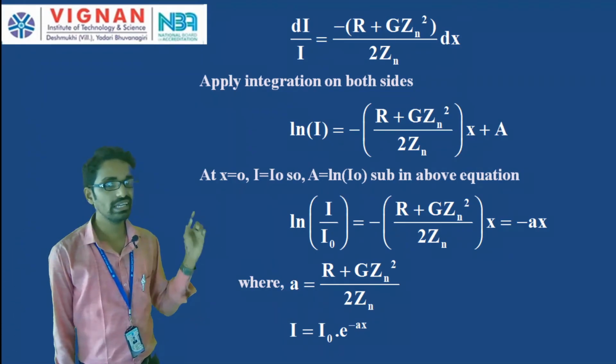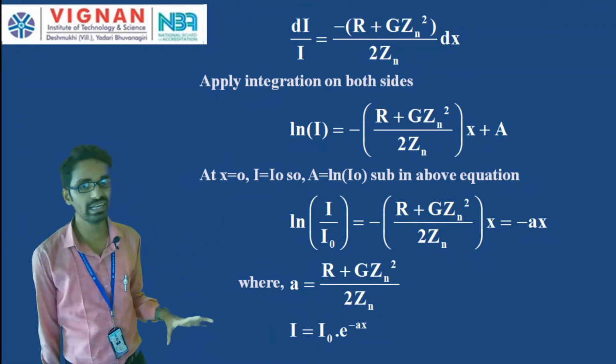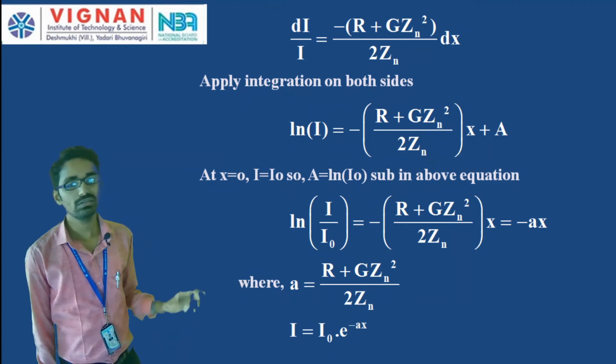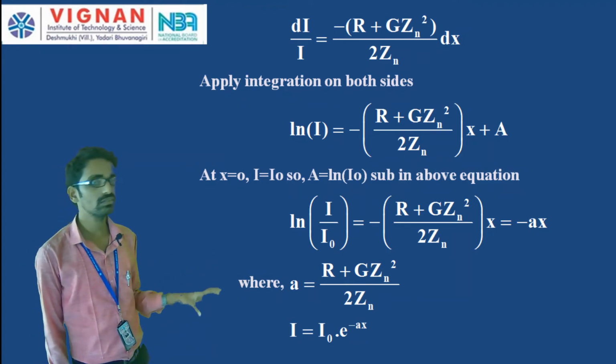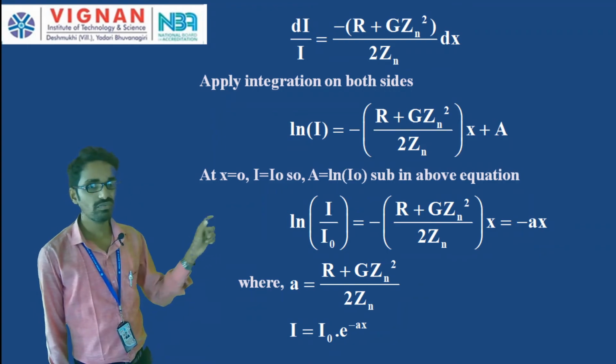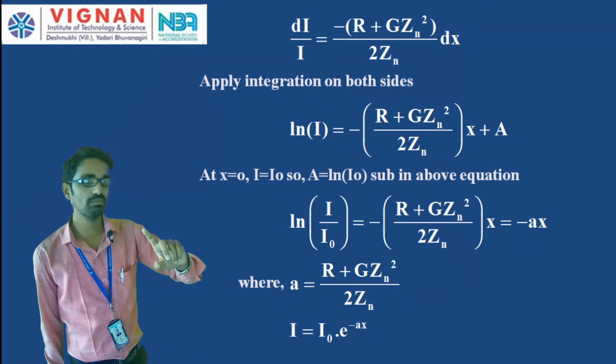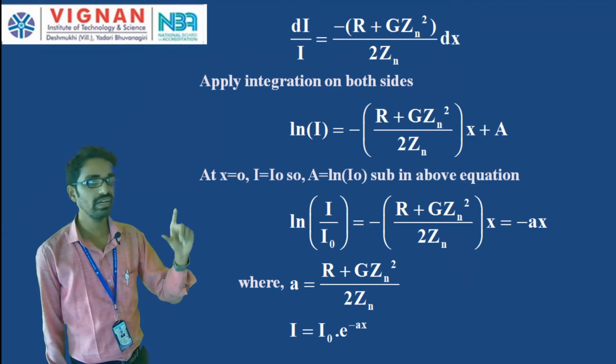Just substitute x equal to 0 and I equal to I0, and the constant a equals natural logarithm of I0. Substituting in the above equation, natural logarithm of I plus a is nothing but ln of I0.